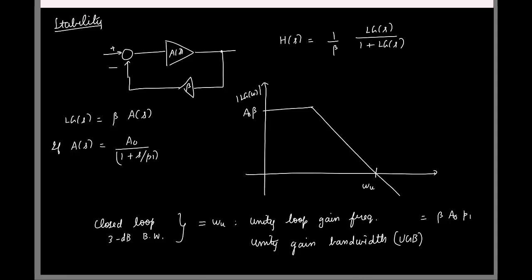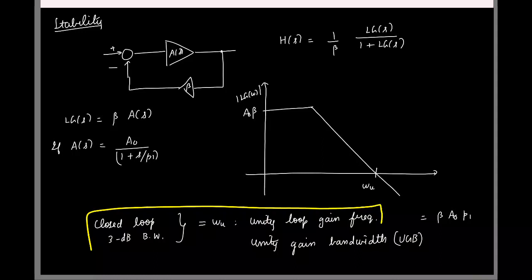Okay, and please remember this relation is valid if you have a first order system, okay? And if you have a higher order system, the closer it is approximate as a first order system, this relation is also equally valid.